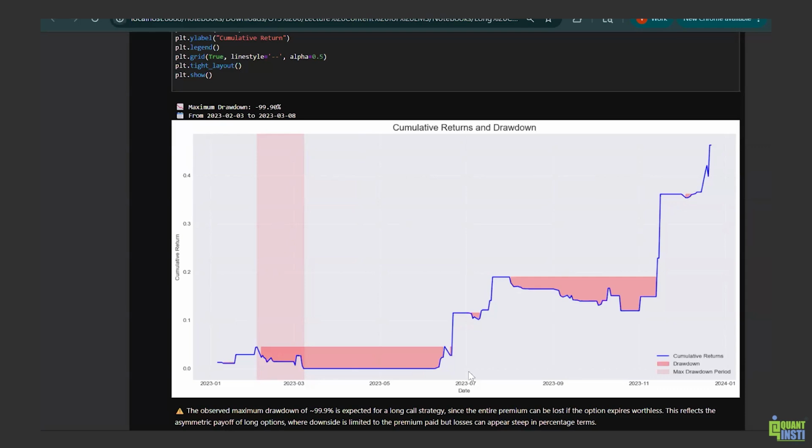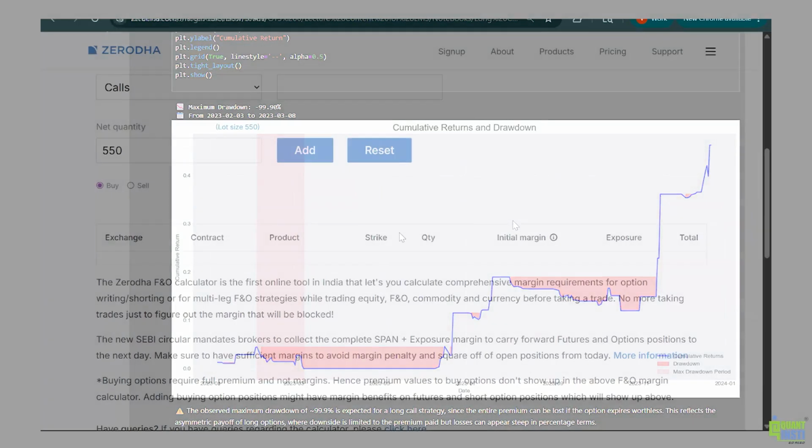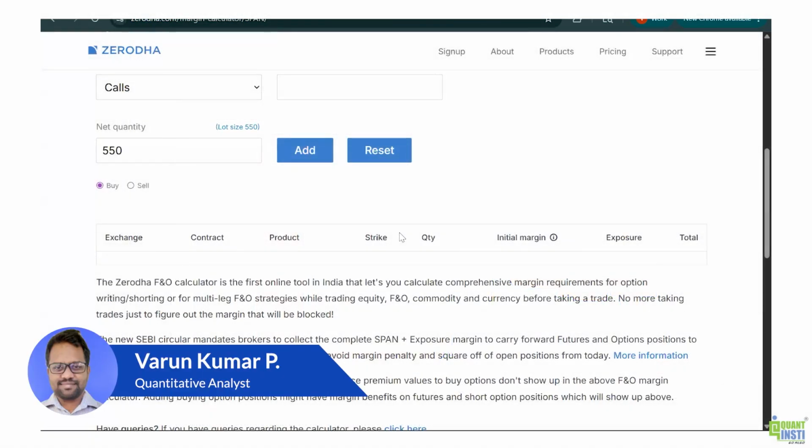So I might study what happened in these 4 months and add to my entry conditions that I don't trade if these conditions are met. I know many strategies which have 50% drawdowns, but it doesn't make sense at a capital level, right? Why would you go for a strategy which has a 50% drawdown? That means if you start with 1 lakh as capital, or $1 lakh as capital, at any point it can go to $50,000.